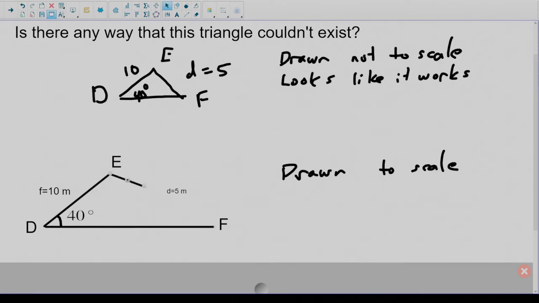But otherwise, it is possible that I have no solution to this triangle because the key length is shorter than the other length given. Okay?